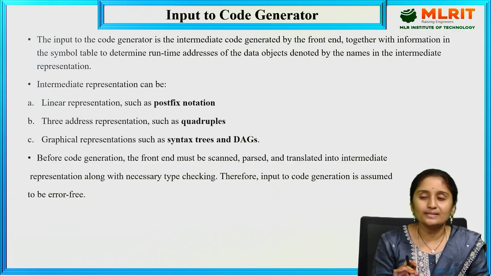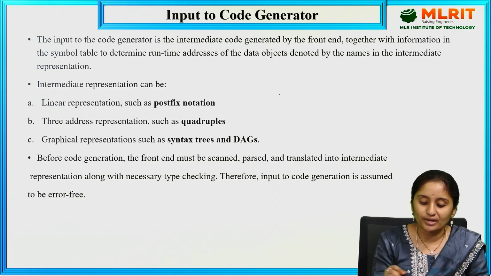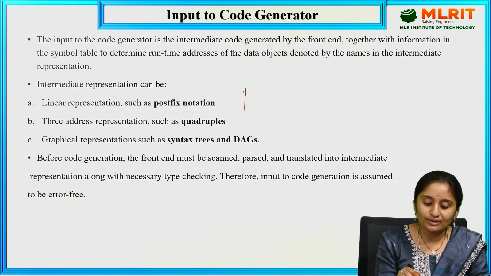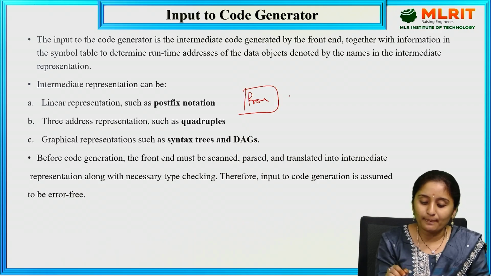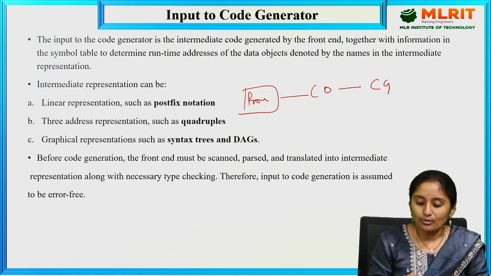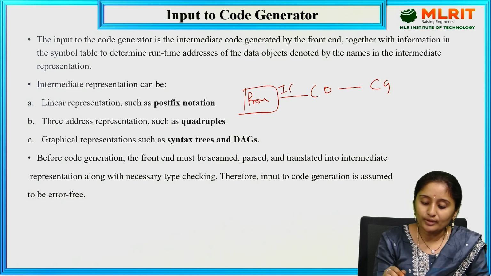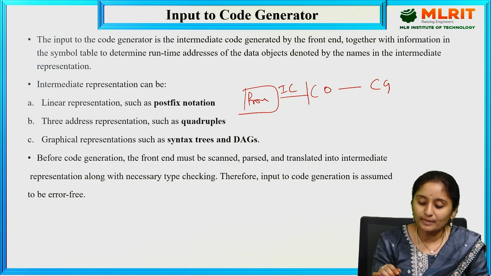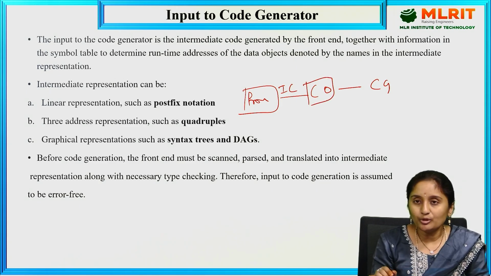The first one is the input to the code generator. The name itself tells us what the input to the code generator is. As we have discussed just now, there is the front end and the back end. The back end consists of the code optimizer and the code generator. The front end generates the intermediate code, which is given as the input to the code optimizer.